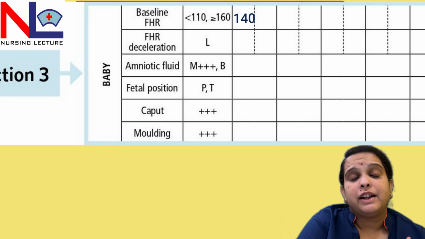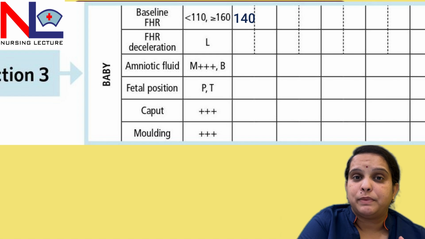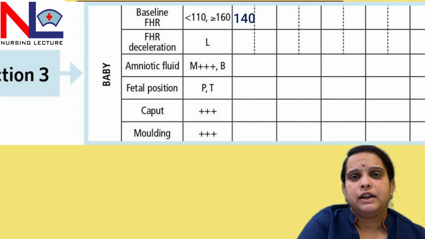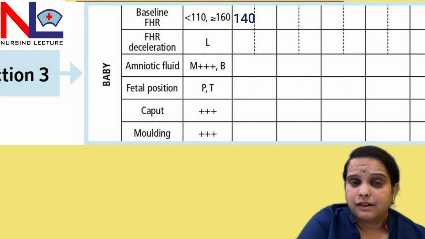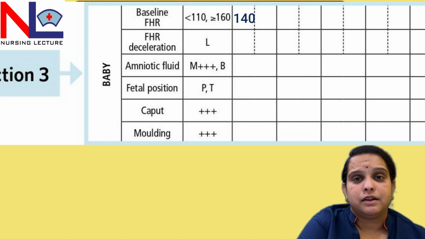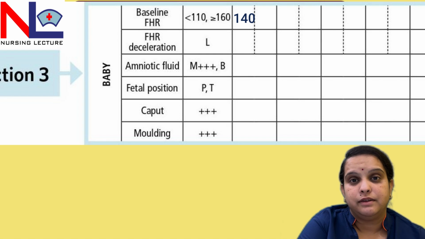For recording the FHR, we can use a Pinard stethoscope, or we can use the Doppler USG. But cardiotocography is not recommended by WHO; recording FHR on CTG is not recommended.